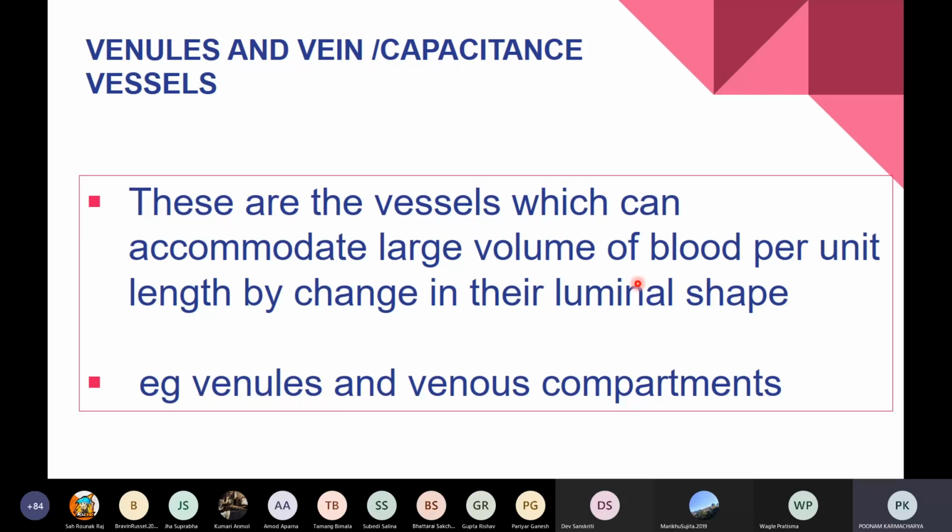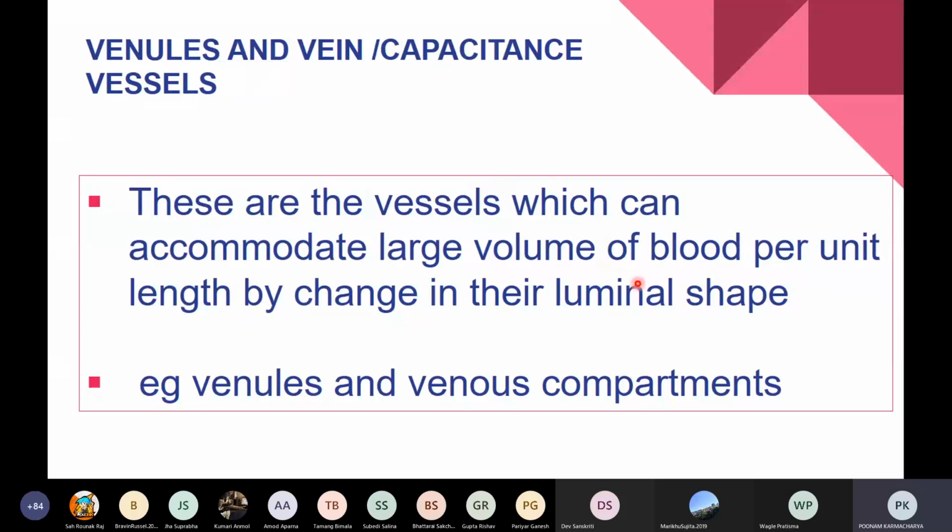Then we have the resistance vessels, which are arterioles, and they create resistance because they have a large number of smooth muscle cells. This smooth muscle can contract or relax and offer the maximum resistance to blood flow, and they are influenced by the sympathetic nervous system as well as local factors, local vasoconstrictors and local vasodilators.